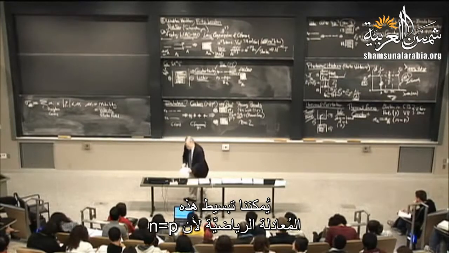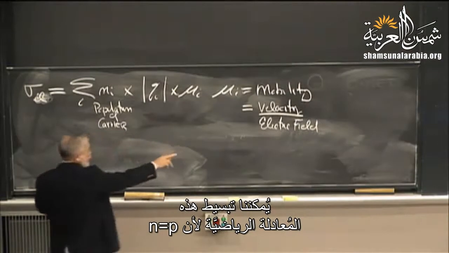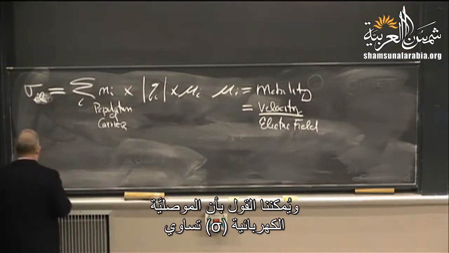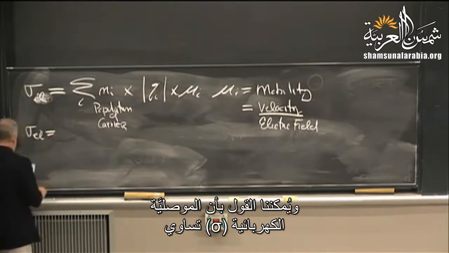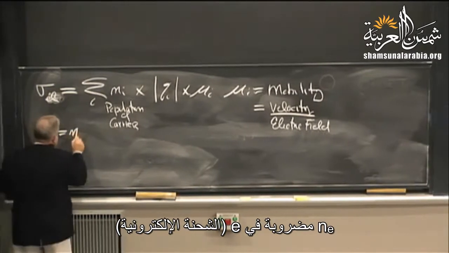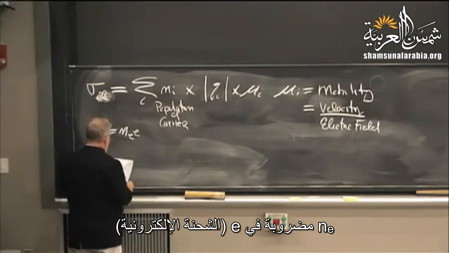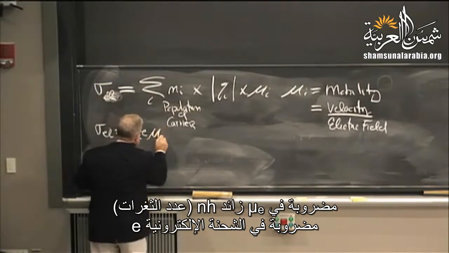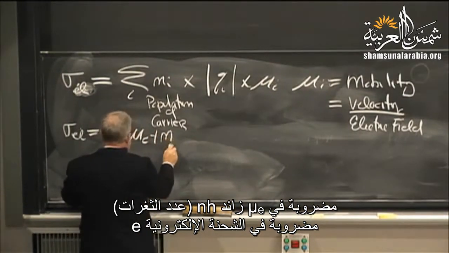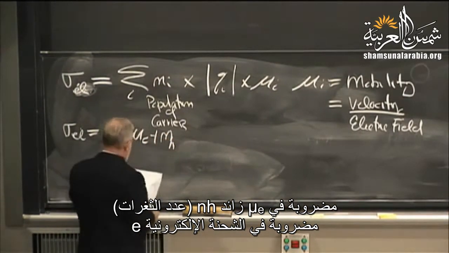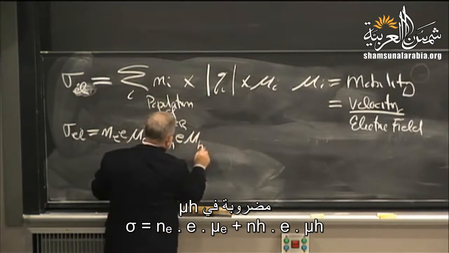Now we can simplify this because of the n equals p business, and we can say that the electrical conductivity is equal to what? It's equal to n_e times e, which is the electronic charge, times mu_e, plus n_h, which would be the holes, times the electronic charge times mu_h.